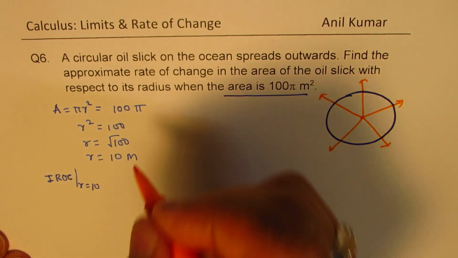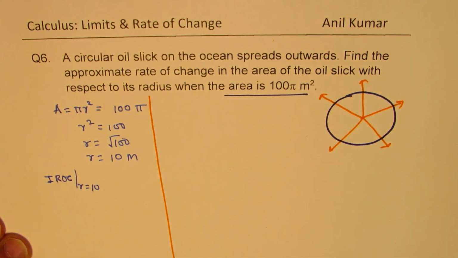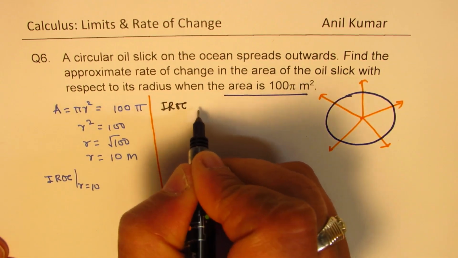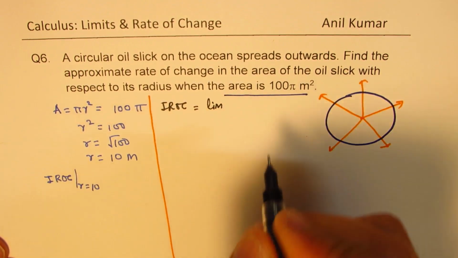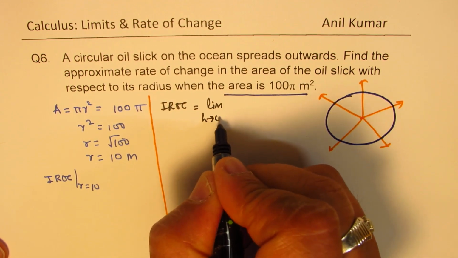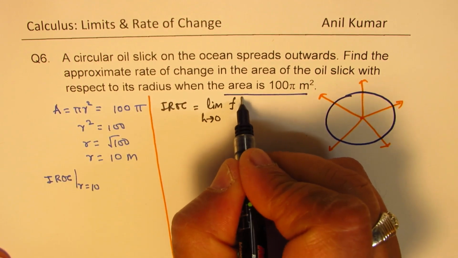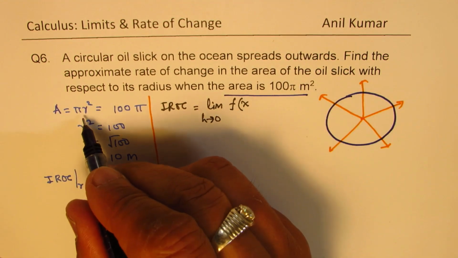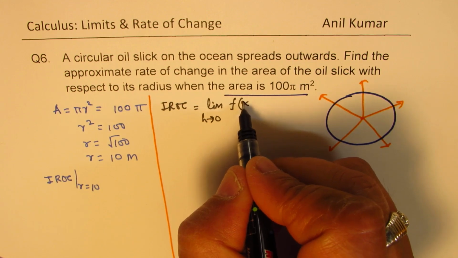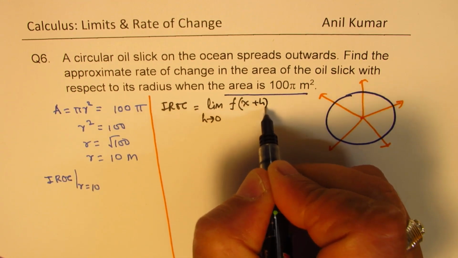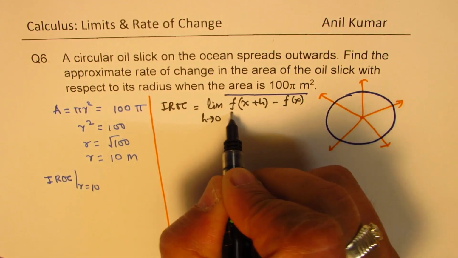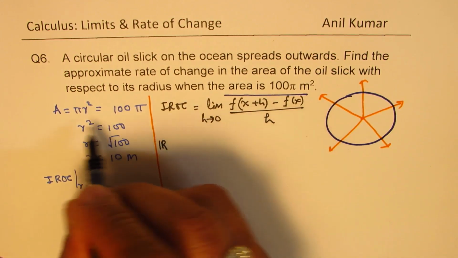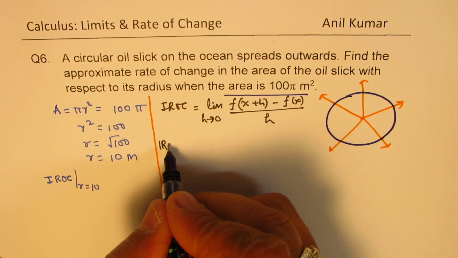So again, we'll use the difference quotient method to find this instantaneous rate of change. So we say that the instantaneous rate of change is the limit as h approaches 0 of f of x plus h minus f of x over h. That's the general equation. However, we have a function of radius, right?